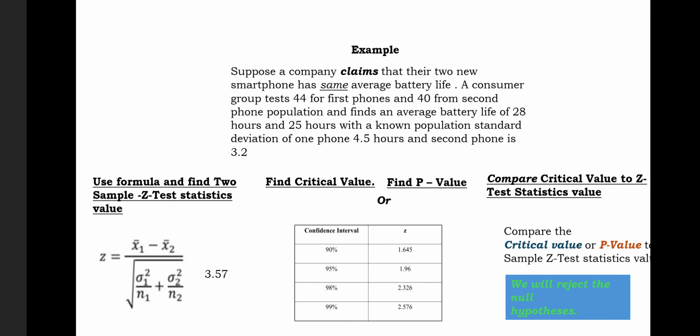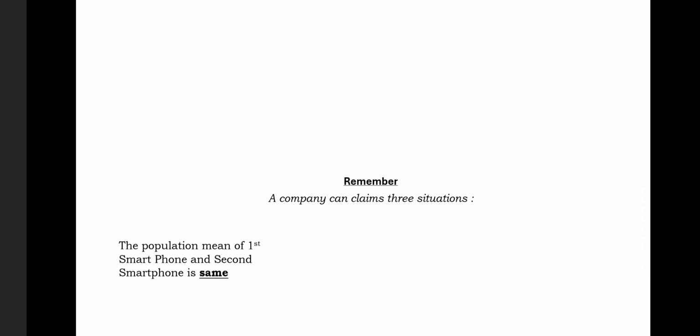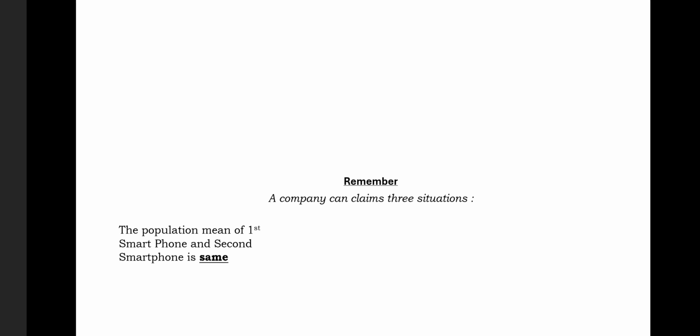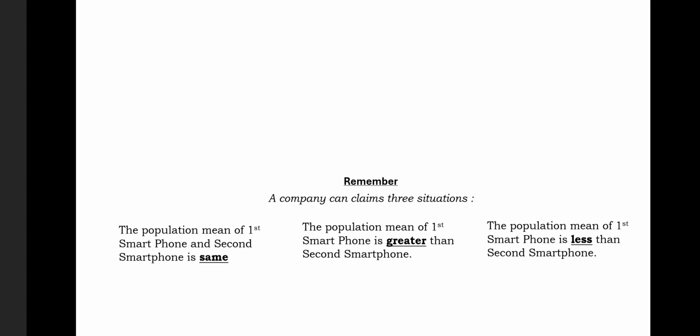So always remember that a company can claim three situations. First, it can say that the first smartphone's average battery life and the second smartphone's average battery life are the same. Second, the company can say the population mean of the first smartphone is greater than the second smartphone. Third, the population mean of the first smartphone is less than the second smartphone. If the first situation exists, you should use this formula.